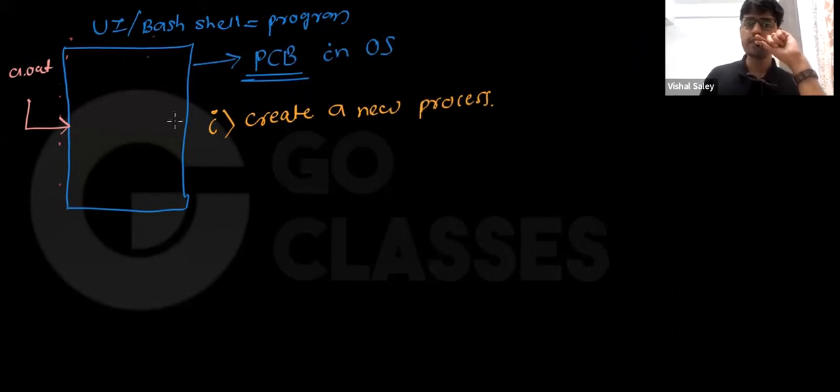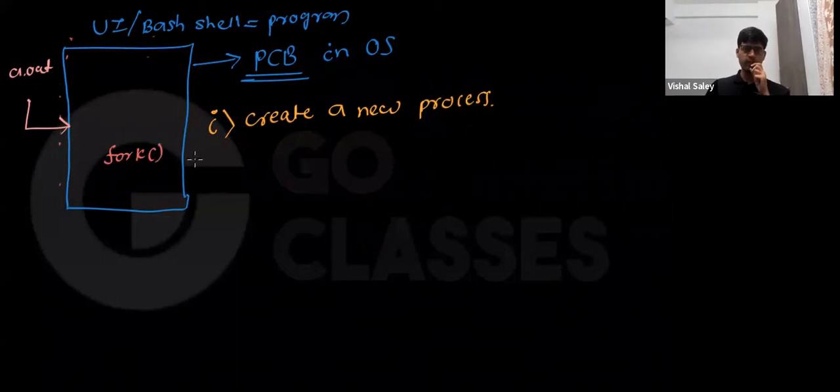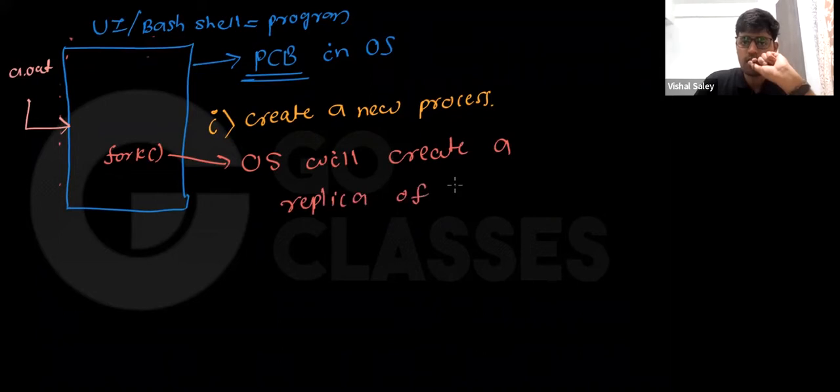Now, when this particular program calls a fork system call to create a new process, the operating system will create a replica of this process.